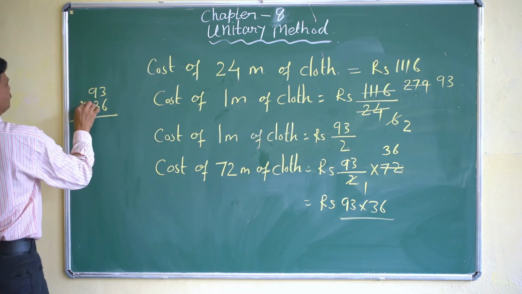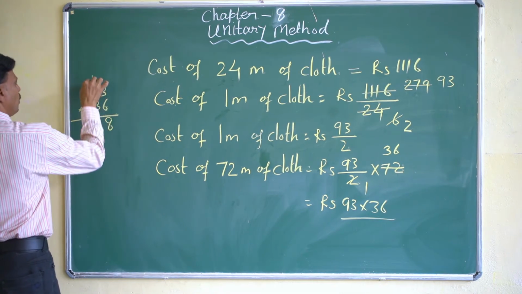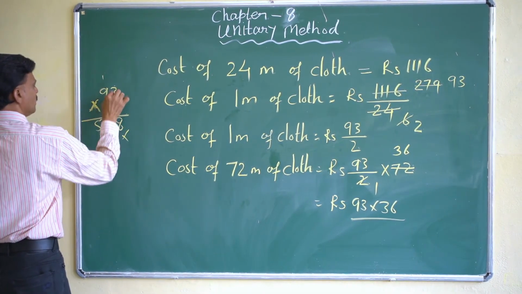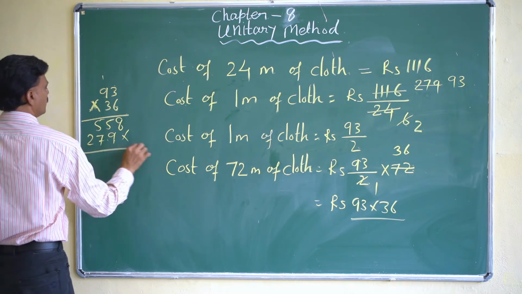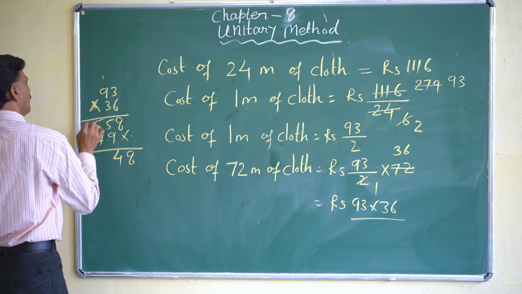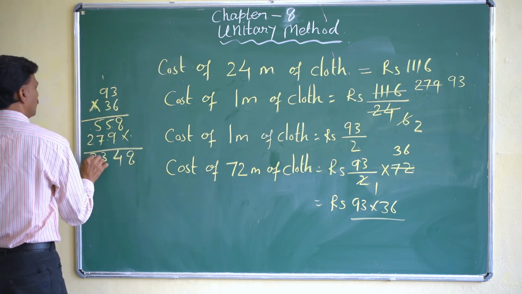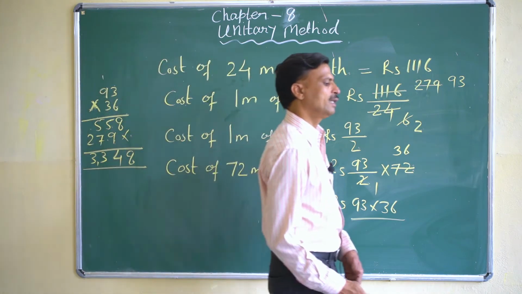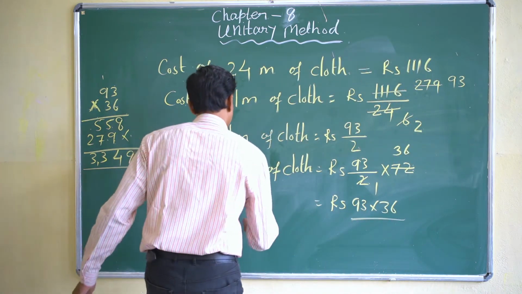So what will it come? 6 3 is 18, 1, 5 5, 9, this is 27. So 8, this is 14, and this is 6 and 13, 3,348. That is the cost of 72 meters of cloth.